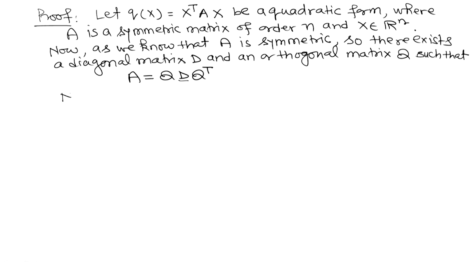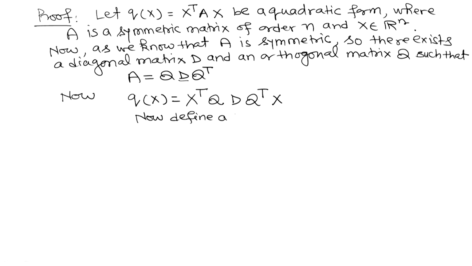Now, if I substitute this form of A in my quadratic form, I can write x transpose Q D Q transpose x. Now define a transformation, a vector y which has the same dimension as x, as Q transpose x.